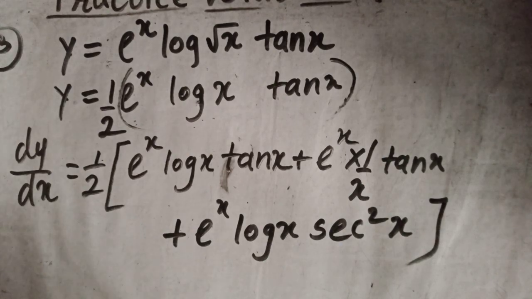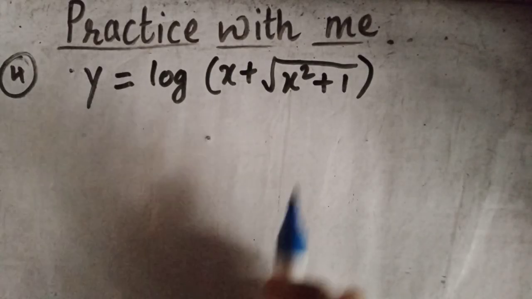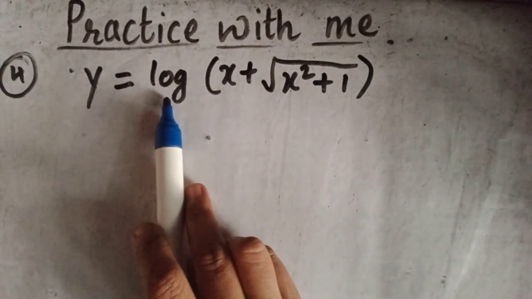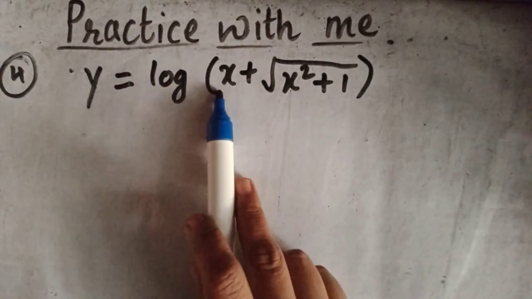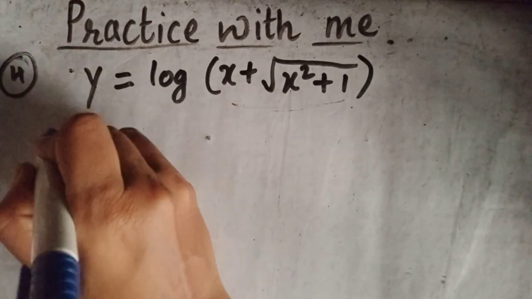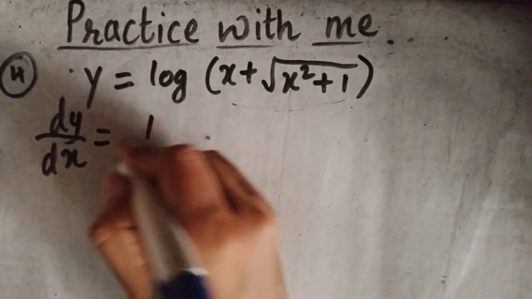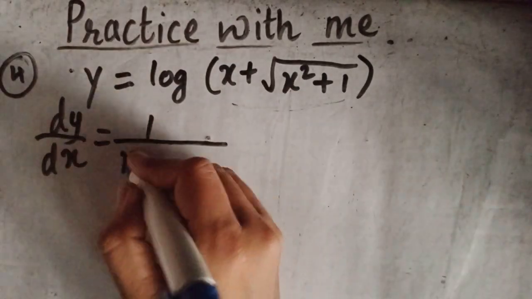Okay, next one. So the derivative of this is a composite function, a log function is there and inside it there is one more function. Okay, so dy by dx: derivative of log is 1 by that function which is given.